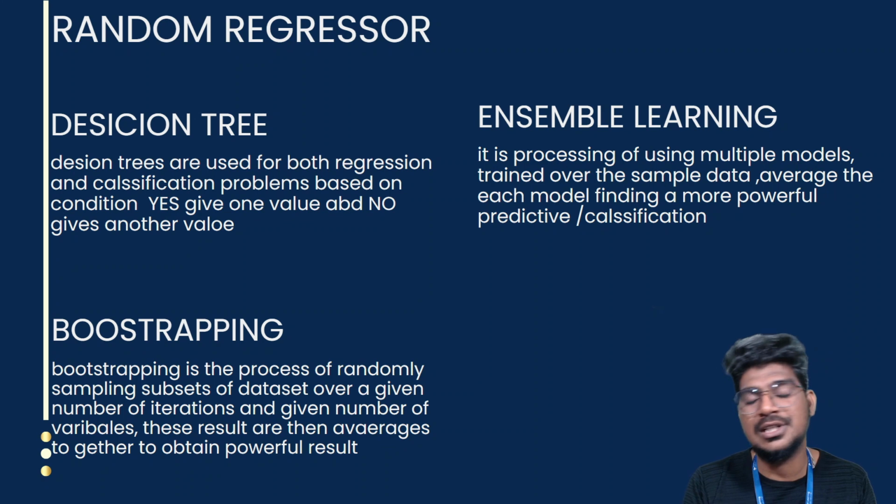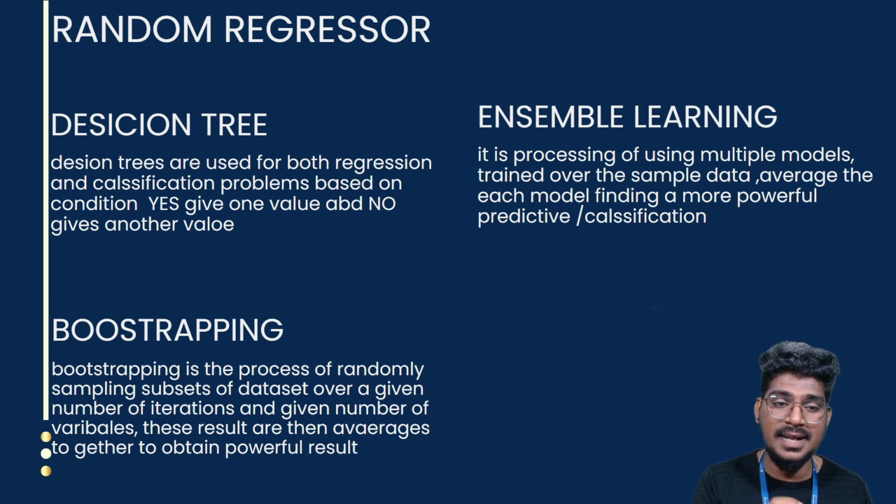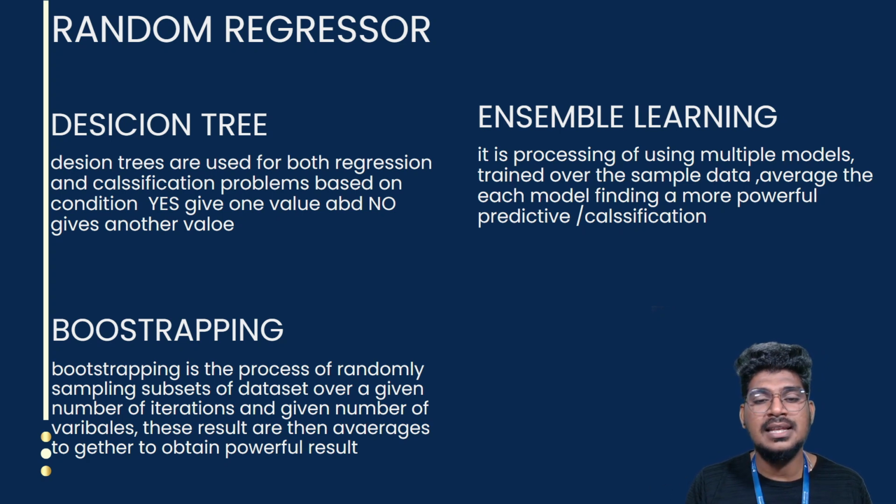What is actually bootstrapping? Bootstrapping is the process of randomly sampling subset data over the given number of iterations for the given number of variables. That means based on the trees, these results are averaged together to obtain powerful results.